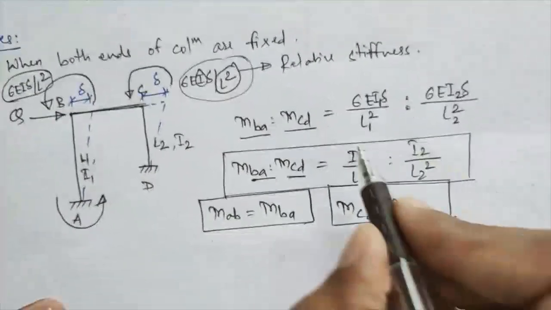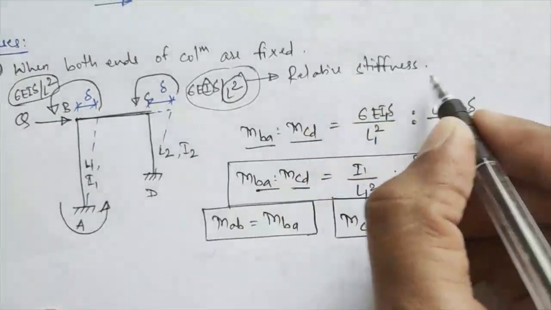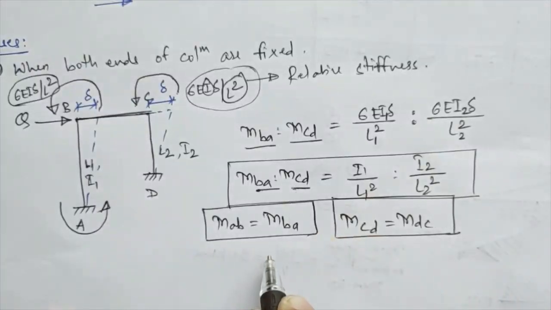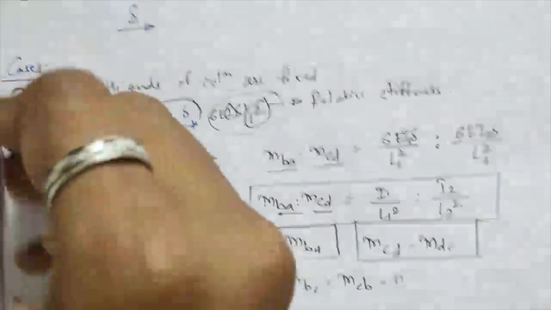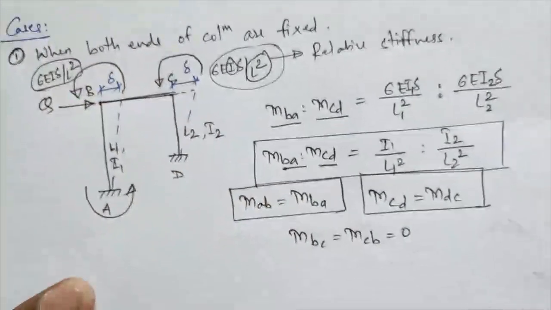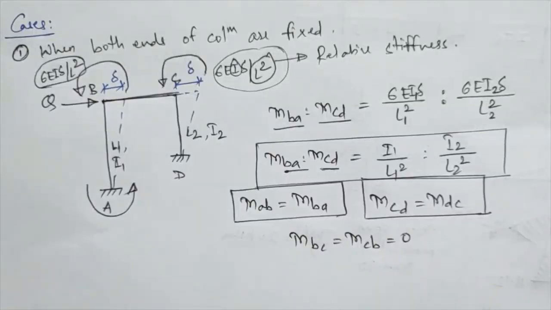So in carrying out the sway stiffness factors, if you have horizontal members, you have to treat the moment MBC and moment MCB directly equal to 0. In all the cases, that is case number 1, 2 and 3, if members are horizontal, you have to treat those members' moment equal to 0 directly.